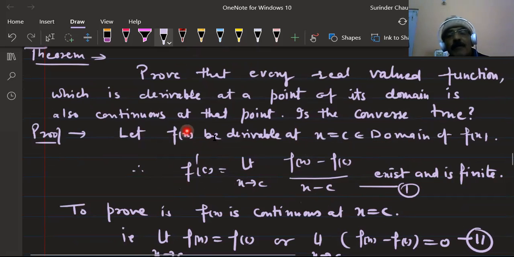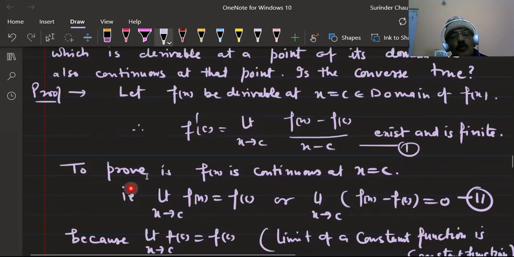So if f is differentiable at a point x equals c, the left hand derivative at c and the right hand derivative at c both exist and both are equal to the value of f'(c). Now to prove that f is continuous at c, we show that the left limit at c is equal to the right limit at c is equal to the value at the center point.